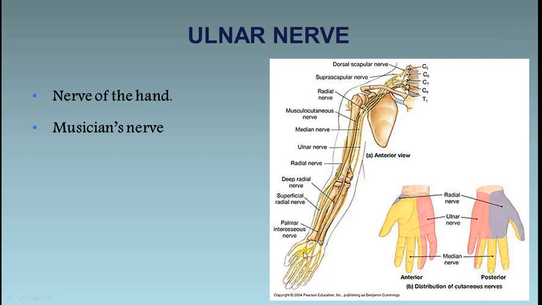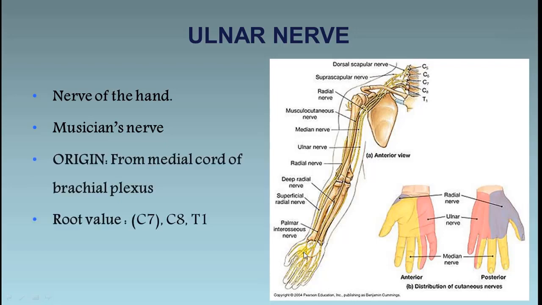These short intrinsic muscles move your fingers. Very fine movements of the fingers are the responsibility of these muscles. So for a musician to play any musical instrument, especially a string instrument or a wind instrument, naturally the integrity of this nerve is very important. So that is why it is called the musician's nerve.